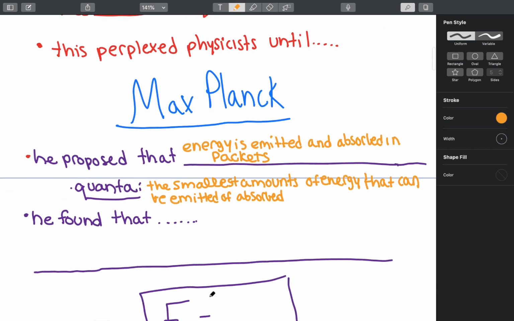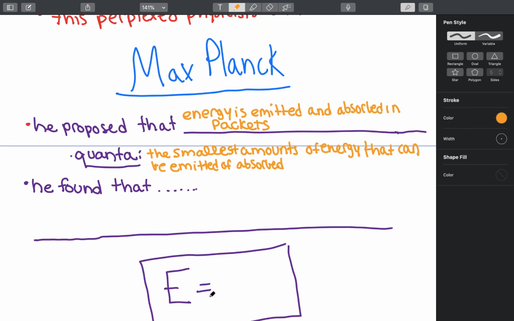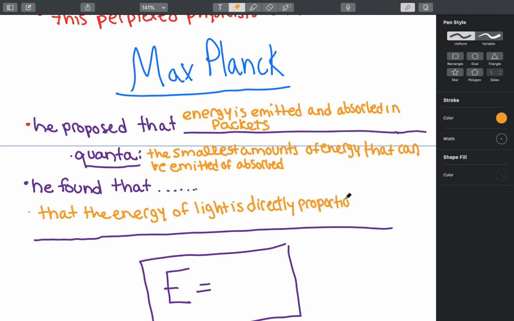And he found that the energy of light is directly proportional to its frequency.